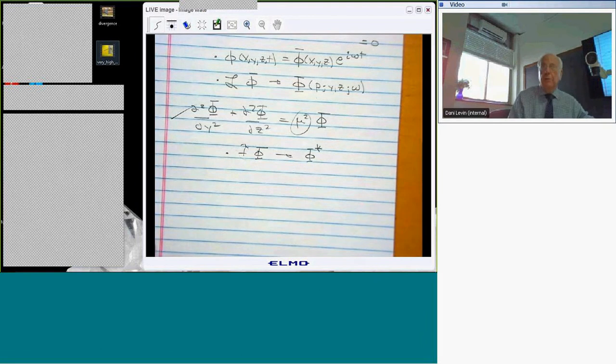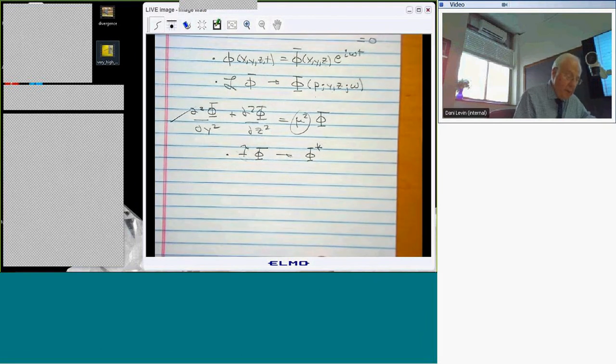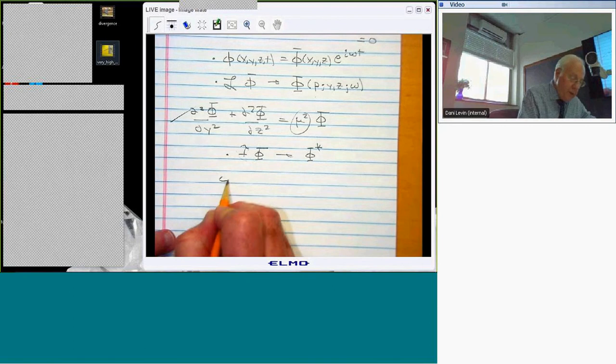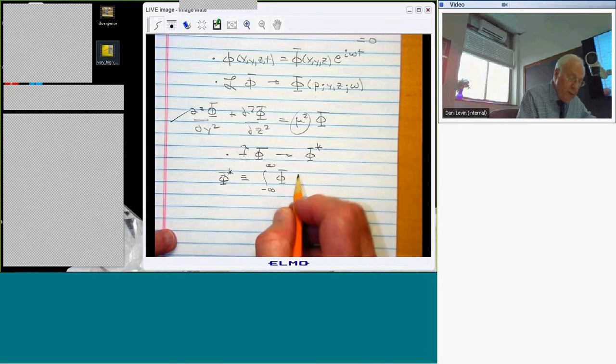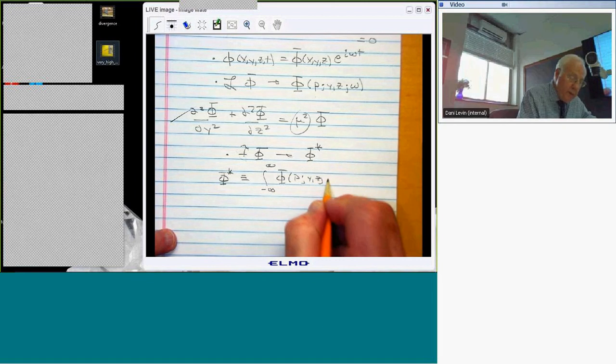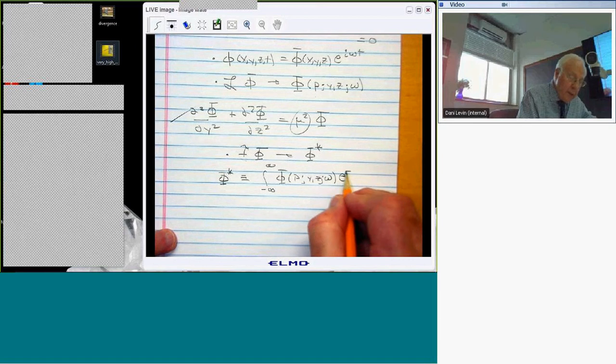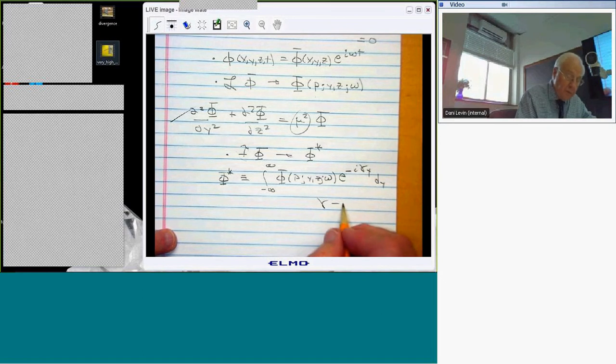And what do I mean by Phi star? Phi star, by definition, is the integral from minus infinity to plus infinity of capital Phi, which depends on p, y, and z, and of course on omega, times e to the minus i gamma y dy, where gamma is the Fourier transform variable.